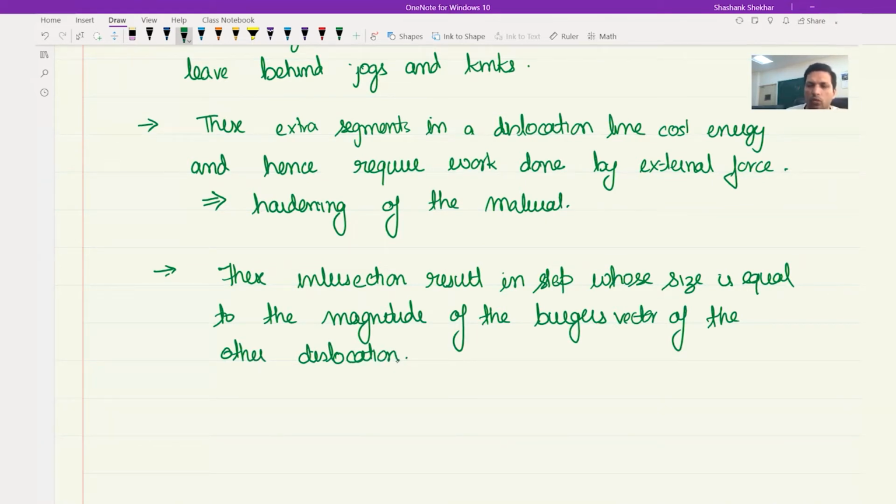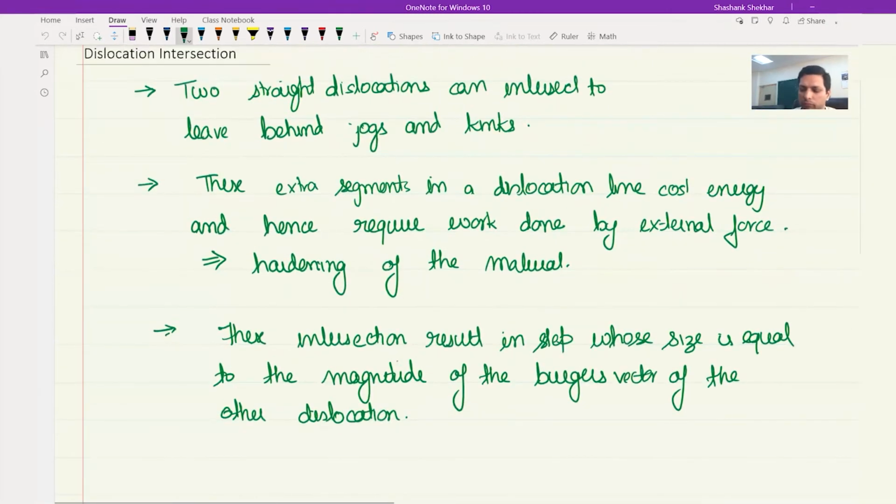So this is the rule based on which we will be able to find out the size of the step and the Burgers vector. The Burgers vector will never change. It will always be the same as for the original dislocation, and the size of the step would be equal to the magnitude of the Burgers vector of the other dislocation.